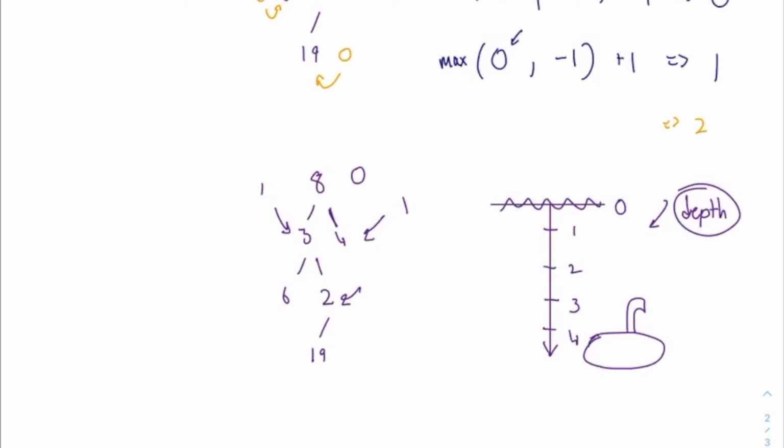2 has a depth of 2 because it's a child of 3, which has a depth of 1. Similarly, 6 has a depth of 2 since it's a left child, just like how 2 is the right child. And then finally, 19 is the left child of 2, which has a depth of 2. So 19 has a depth of 2 plus 1, which is 3.